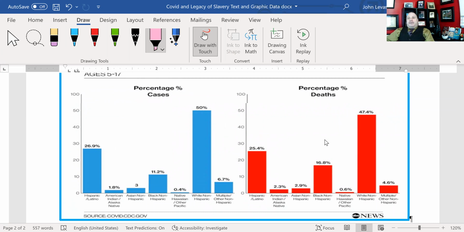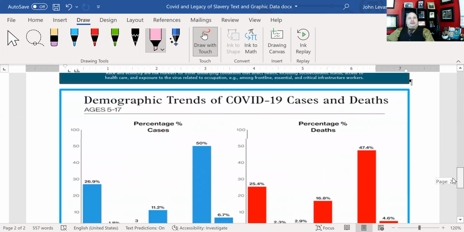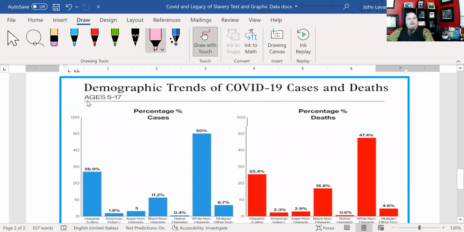So here we have a graph from ABC. 50% of the cases of COVID for children. This graph is showing children ages 5 to 17. 50% are white American children, and about 50% of the country is white American children. 47.4% of those children, of American white children, are likely to die from the disease.